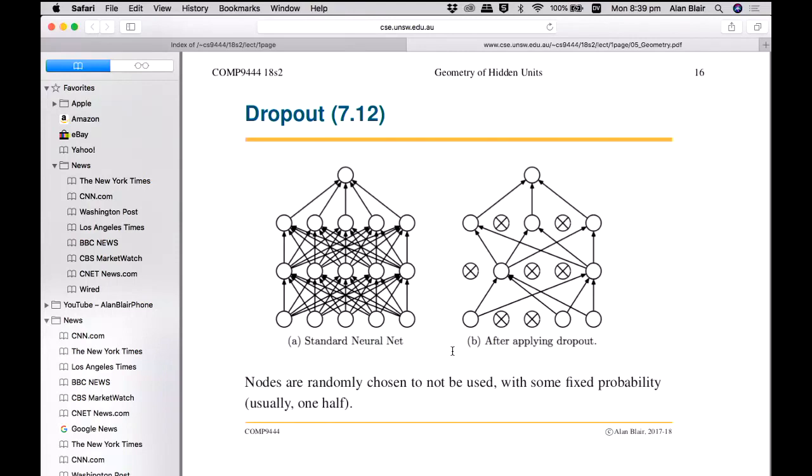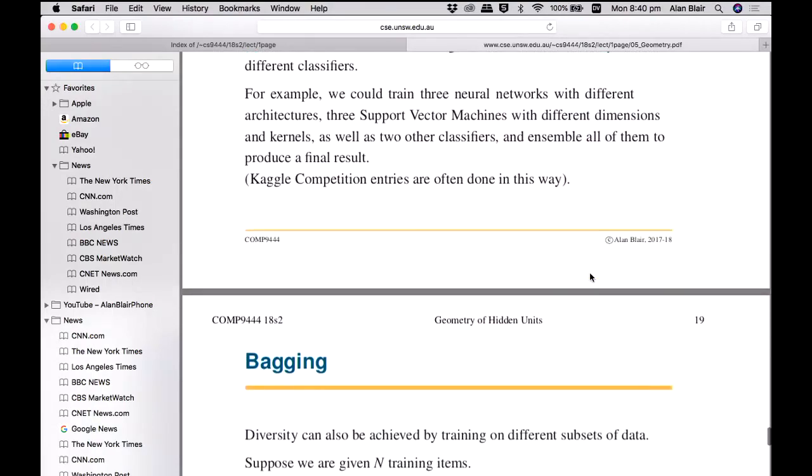There are mathematical arguments behind this, that if I do this dropout procedure, and then in the end I just use the whole architecture, in some sense it's equivalent to ensembling over these different subnetworks. So it's a kind of implicit ensembling.